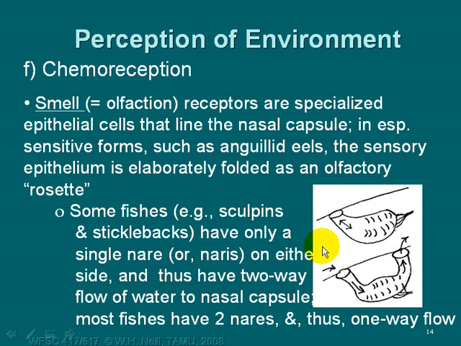And then there are other fishes that have incurrent and excurrent nares on the same side. The flow is one way then through the olfactory capsule and over the olfactory rosette.